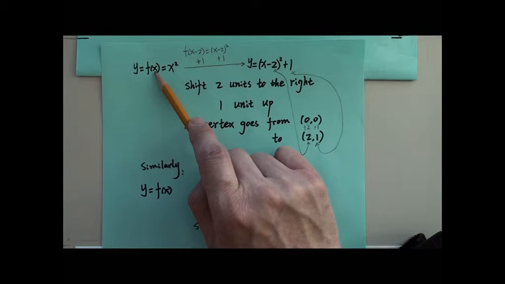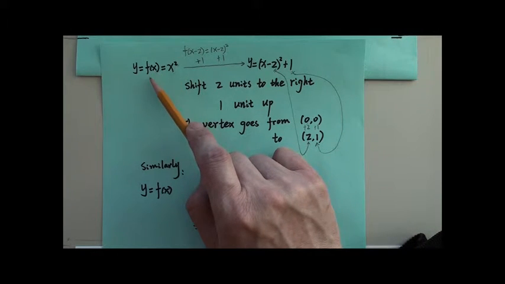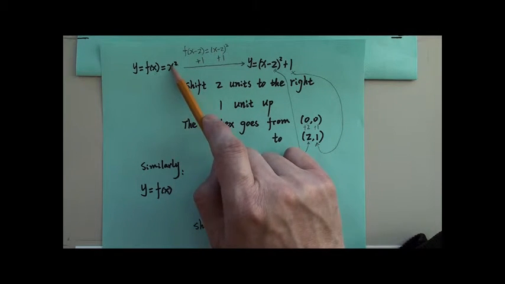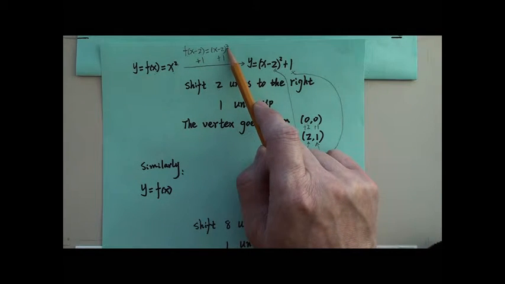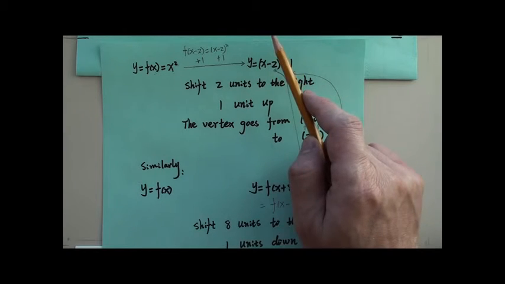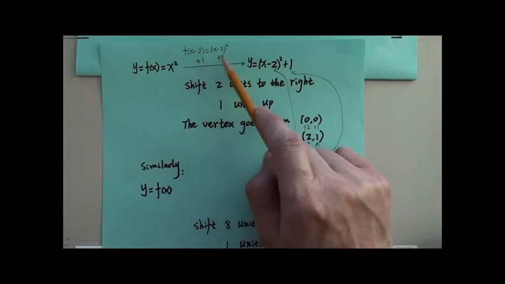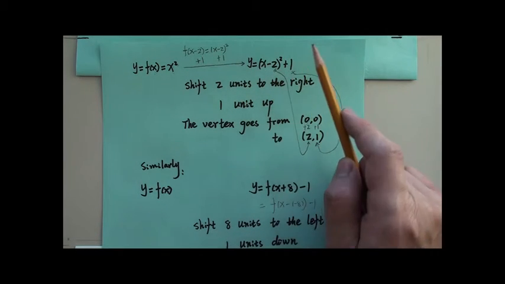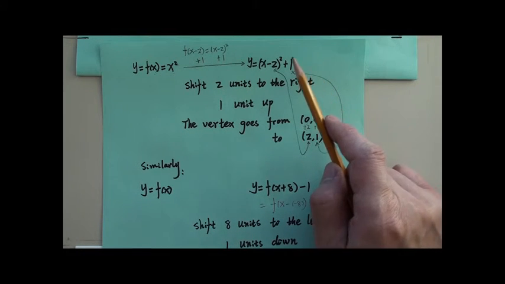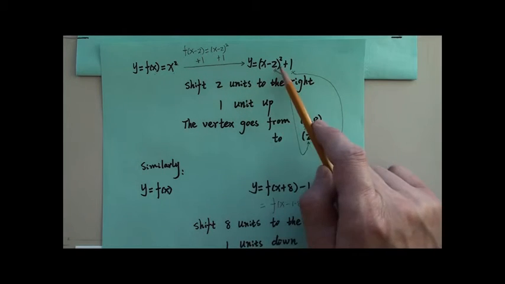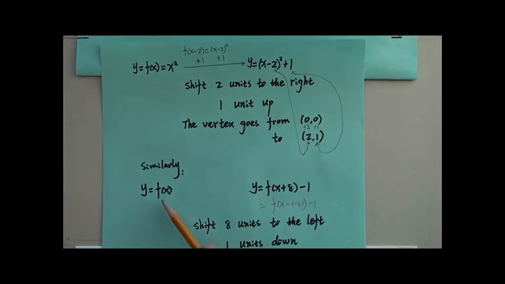So if here is x minus 2, then this x will be replaced by x minus 2, then squared. Add 1 on both sides, and you will get that. So we have this in our mind, then we can look at this example.